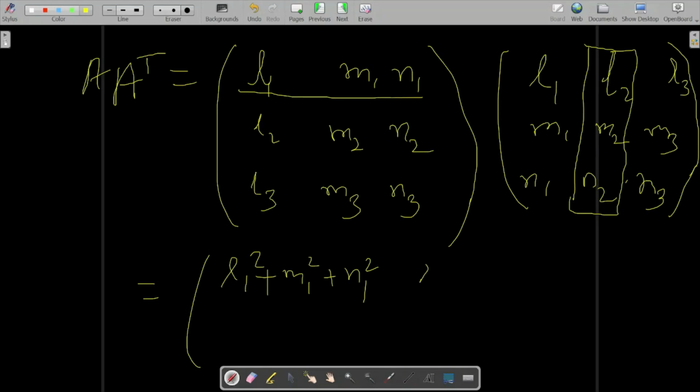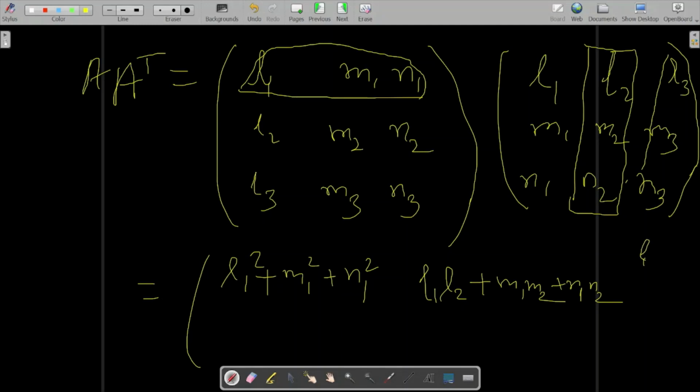You will get L1 L2 plus M1 M2 plus N1 N2, right? Then the third thing, this row multiplied by the last column. So term by term you will get L1 L3 plus M1 M3 plus N1 N3. Okay.